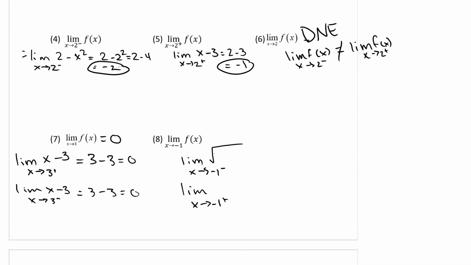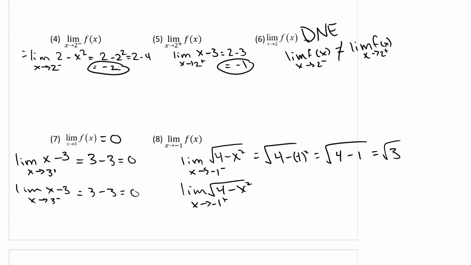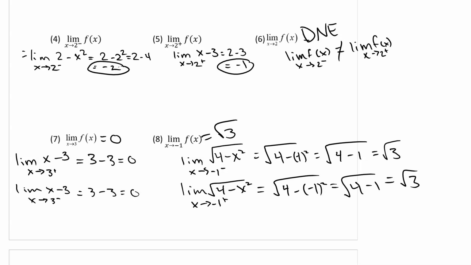So I've got the square root of 4 minus x squared. They're the same, so square root 3.